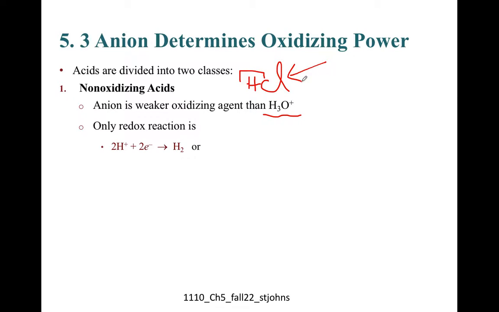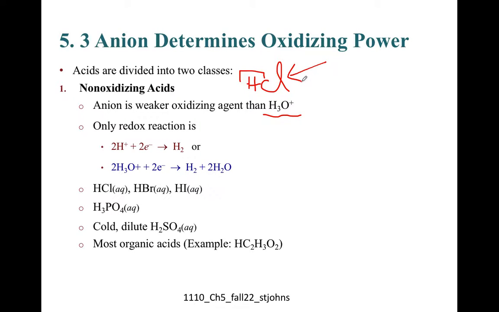In this category we also have other acids, for example sulfuric acid and phosphoric acid. Some examples of non-oxidizing acids: cold sulfuric acid solution, phosphoric acid, and most organic acids.